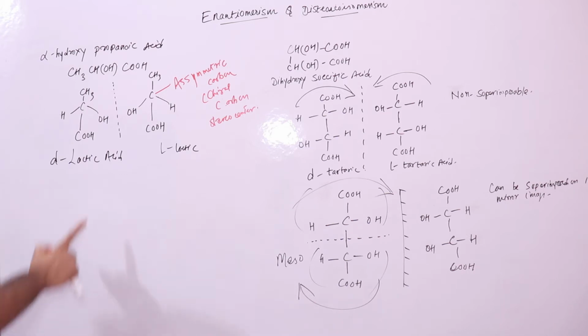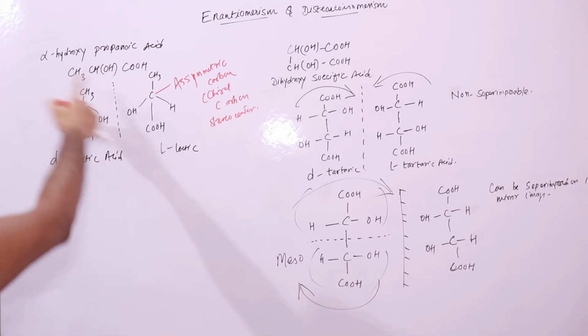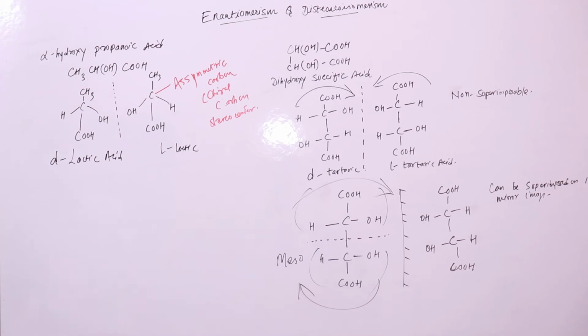I repeat, when a molecule possesses chirality, that is, it is asymmetric, and one more condition, it is dissymmetric, it does not possess any elements of symmetry. So the carbon atom is asymmetric and the molecule as a whole is dissymmetric.